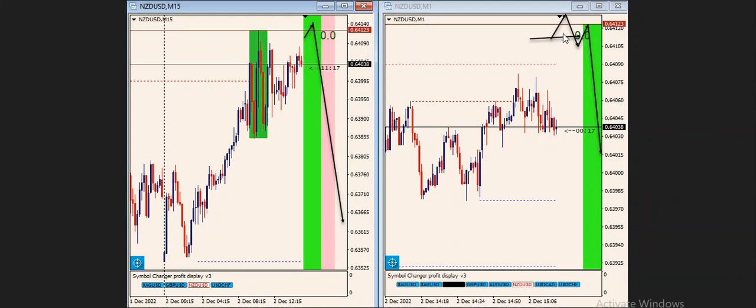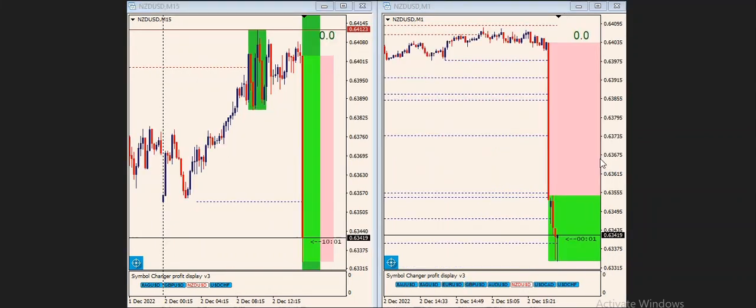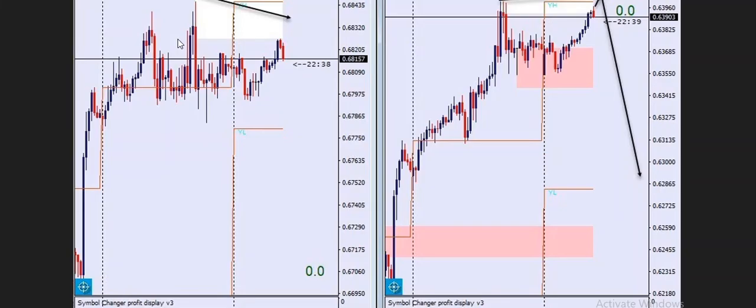Then I would take a sell. Price will take out the high, drop by breaking the structure, pull back to retest the high, then I sell. And this is what happened. Price didn't get there, dropping massively. So I missed this entry, as price didn't get to the entry on NZD/USD.